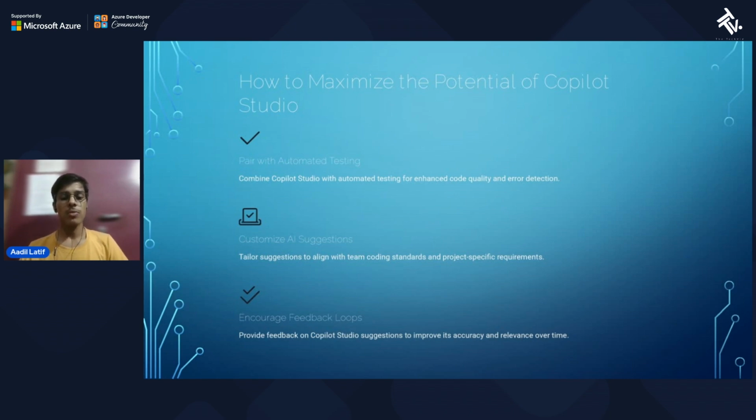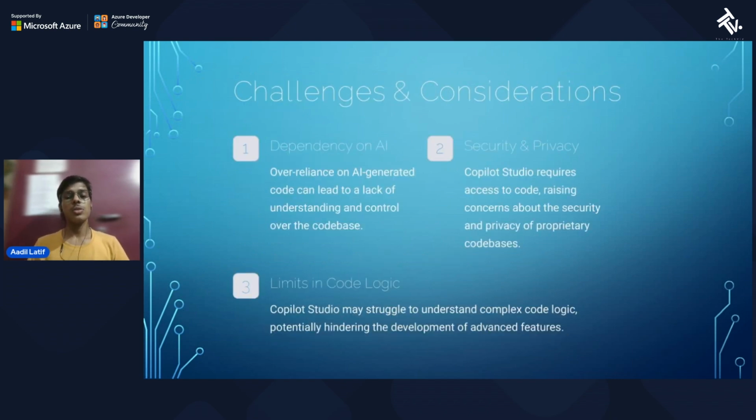So we must check that we are using good, efficient code. If we do this, then we can overcome the many challenges. So, the challenges and considerations: what are the challenges and how can we overcome them?